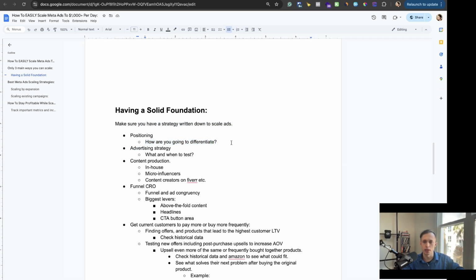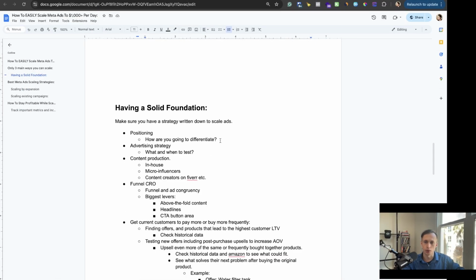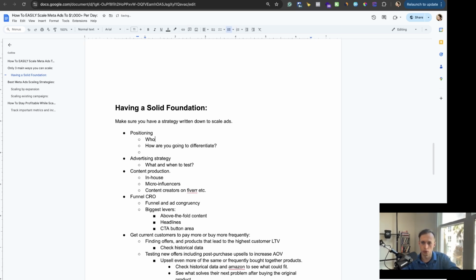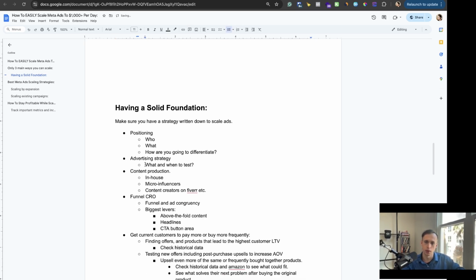But essentially, as markets get more aware, or you want to scale, you're going to have to have a way to differentiate or niche down, right? So positioning is who are you selling to, how are you helping them, and how are you different from everybody else that's trying to help them. So who, what, and how are you different.